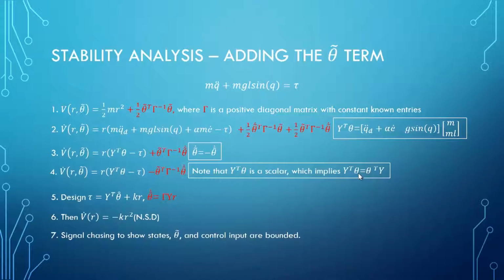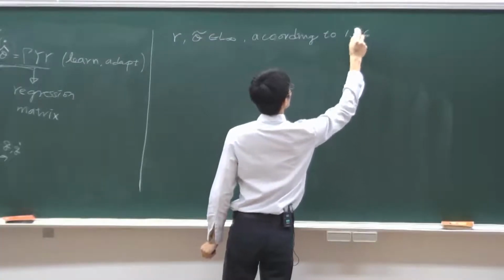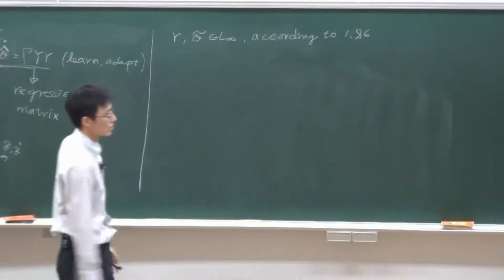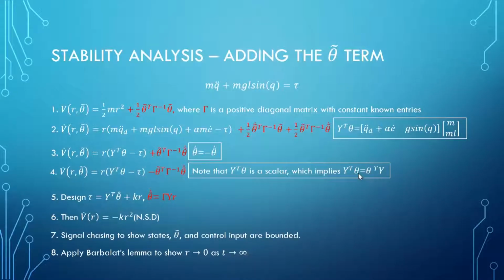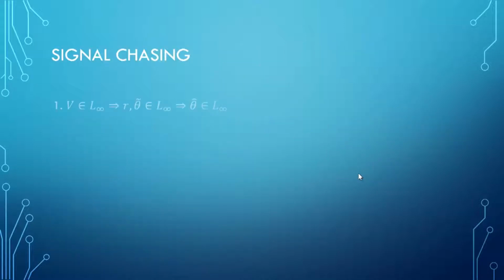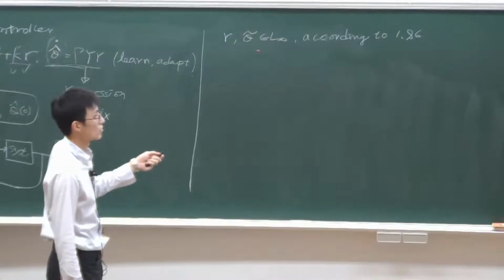Across 1 and 6, now you can apply Barbalat's lemma to show R converges to 0 as t goes to infinity. So next slide, we call it signal chasing. It starts from these two signals, which are bounded. V is bounded, so both signals are bounded.